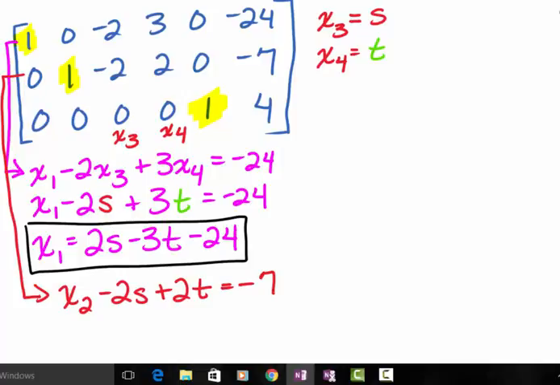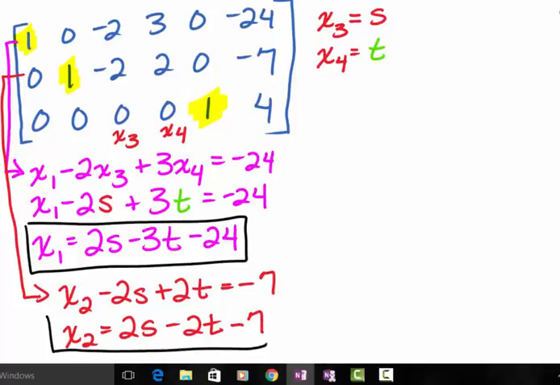That's what the equation represented by the second row is, which tells me x sub 2 must equal, solve for it, 2s minus 2t, not equals, because I'm moving everything over to the right-hand side, minus 7. That is what x sub 2 is. Again, you tell me what s is, you tell me what t is, I can tell you what x sub 2 has to be.